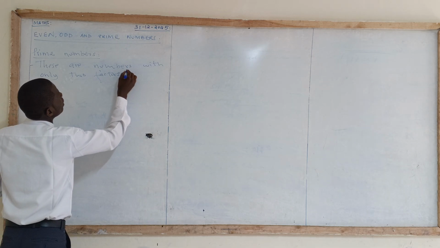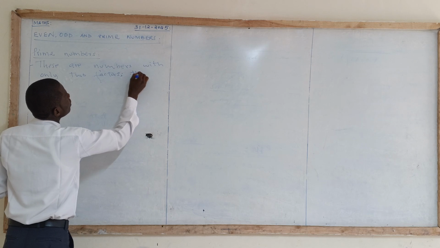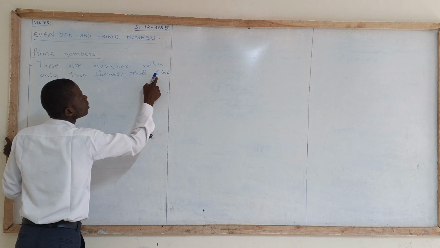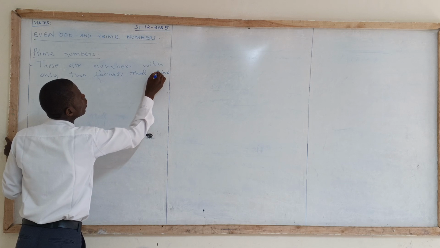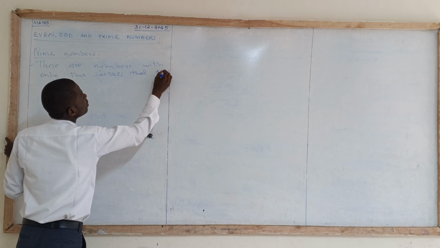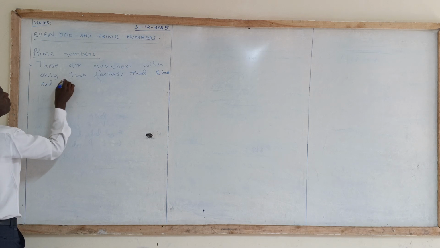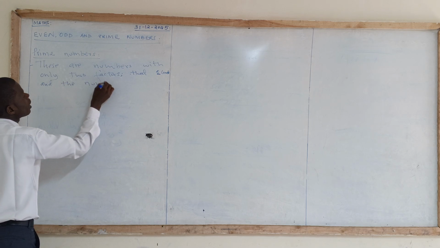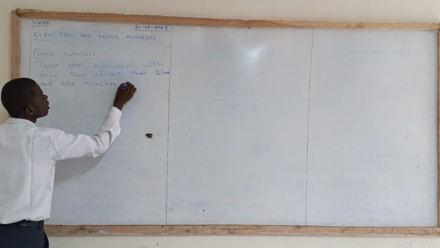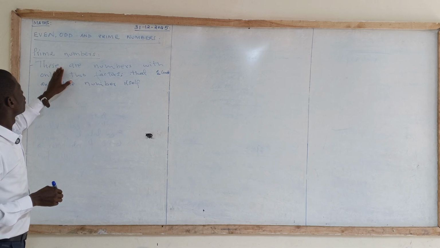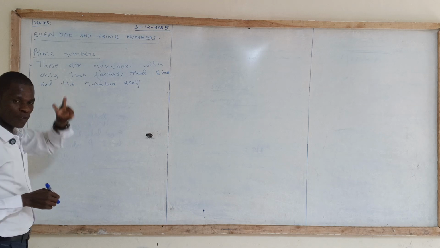That is, I'm writing in figures and also in words, 1 and the number itself. So these are numbers with only 2 factors.